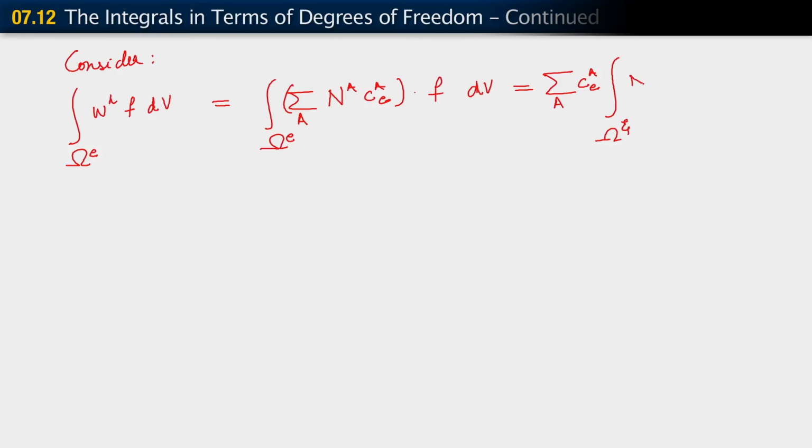Inside here, we continue to have NA because it does depend upon position, multiplying F, and let's recall that F could be a function of position, but through our mapping, we have that. Okay, and NA, of course, is a function of position. Okay, we're writing everything as a function of coordinates in the parent subdomain. That leaves us with just dV, right?